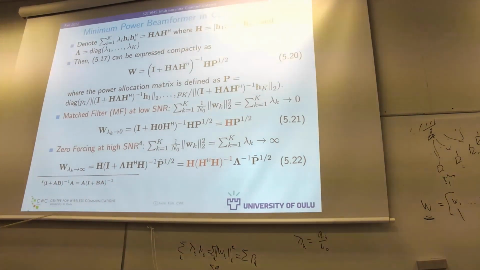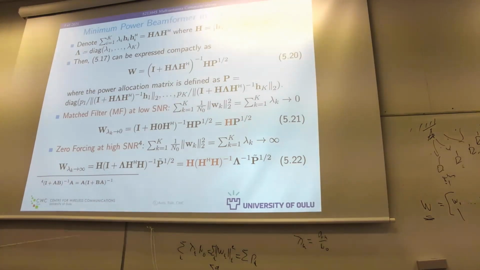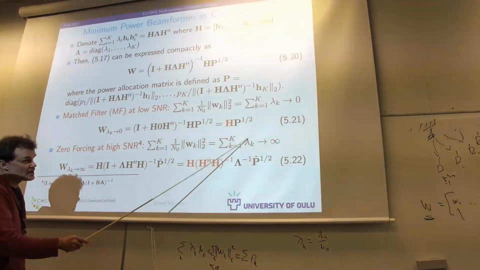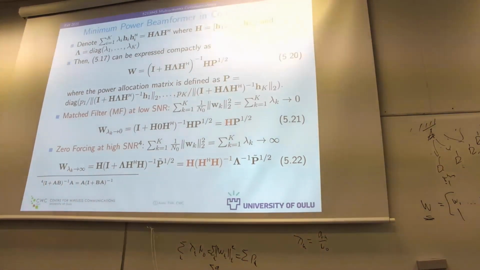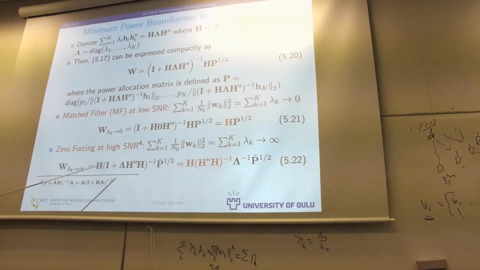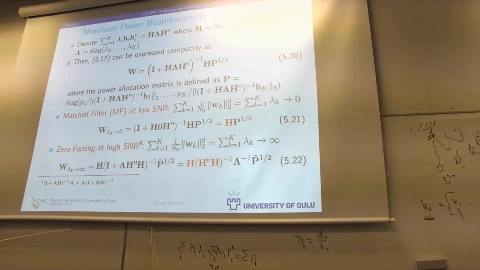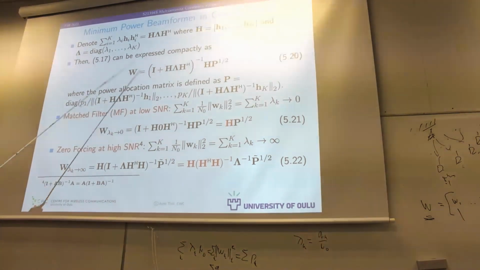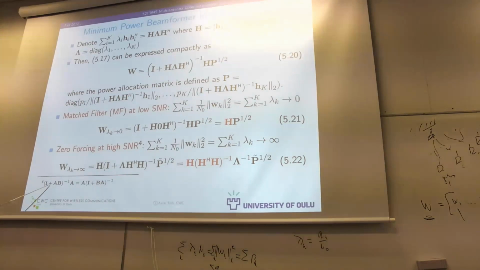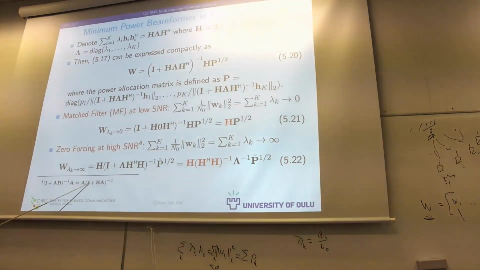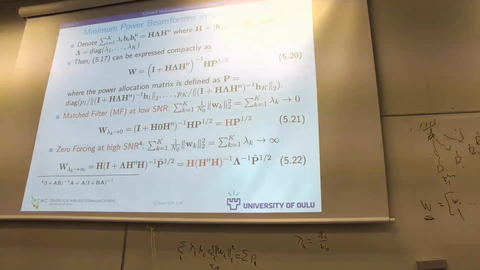Let us look at the MMSE receiver. Now at the highest SNR, the sum of lambdas goes to infinity. First, just to be able to manipulate this, we apply for this matrix here the equivalence: I plus AB inverse times A is equivalent to A times I plus BA inverse.